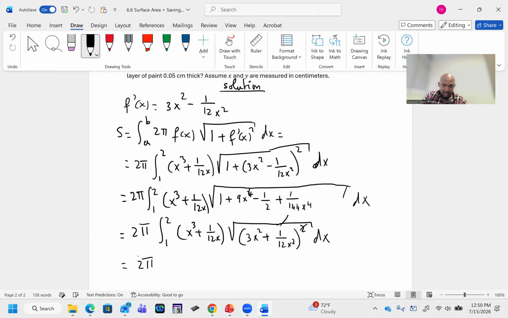2 pi, integral from 1 to 2, x cubed plus 1 divided by 12x times 3x squared plus 1 divided by 12x squared, dx. Okay.